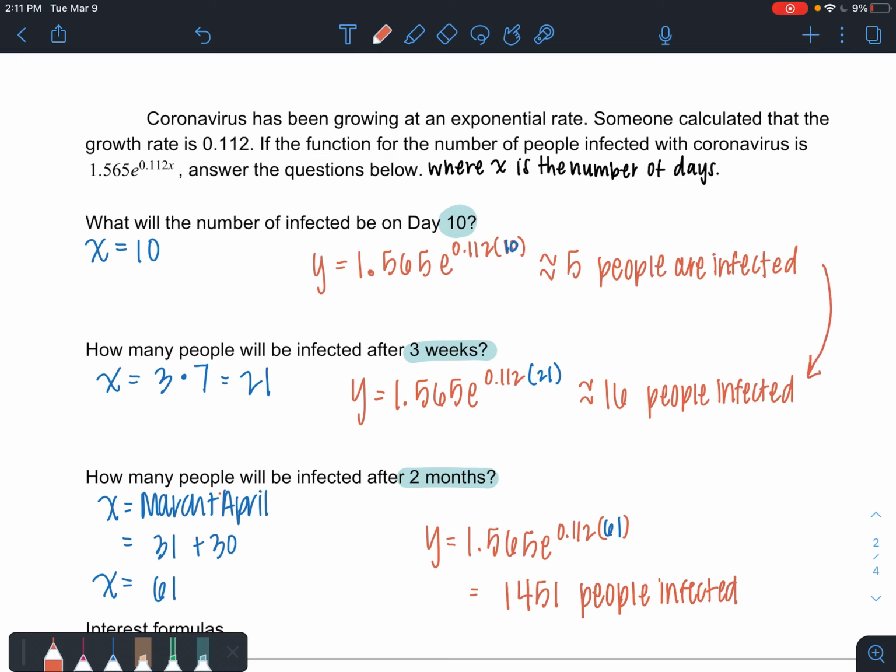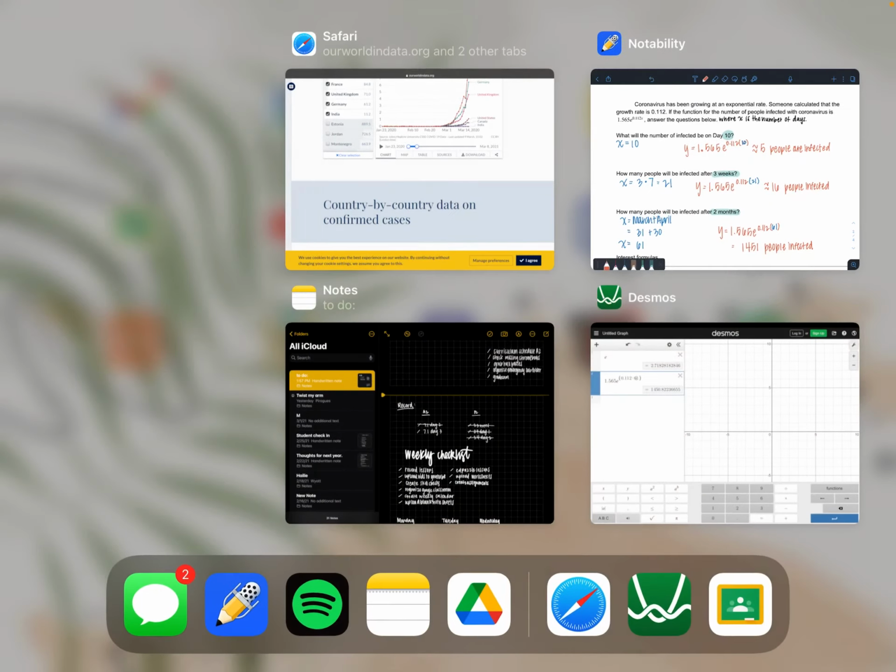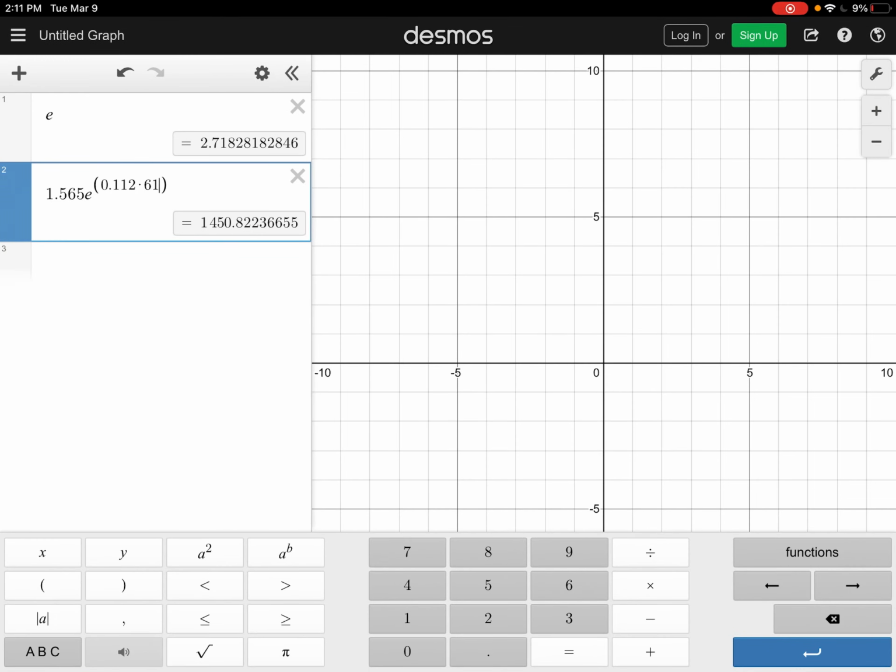Okay, so you can see that we are making quite a large jump. From here to here, that's about double the time. It doesn't seem like that many people, but after 2 months, which is not that much time, we have 1,000 people who are infected. And then let's go ahead and put 365 in there because it's been about a year of this, and millions of people have this.